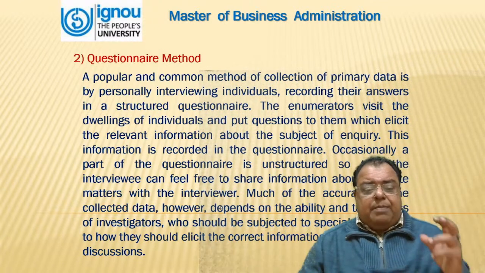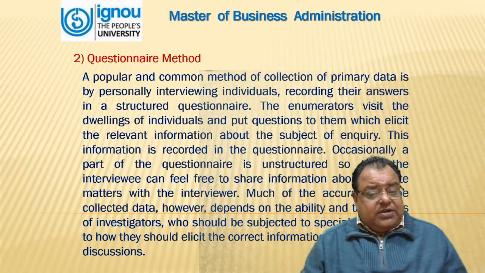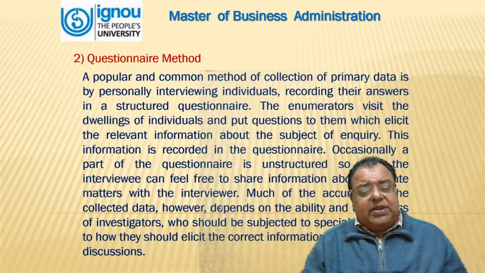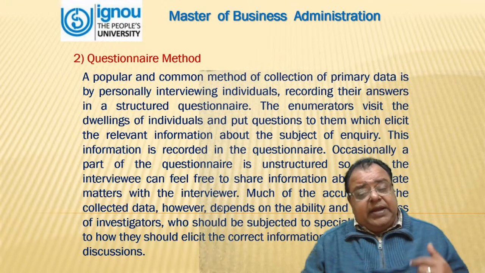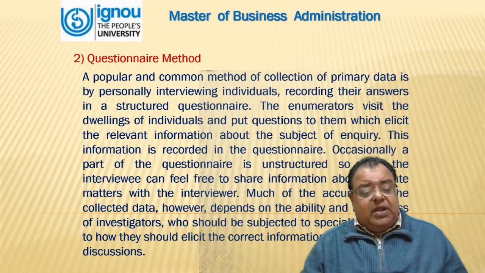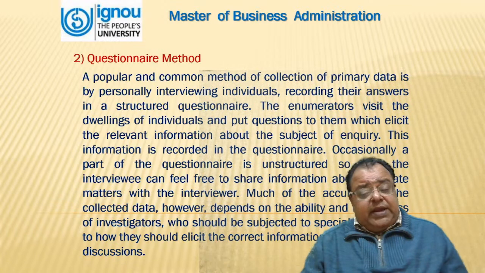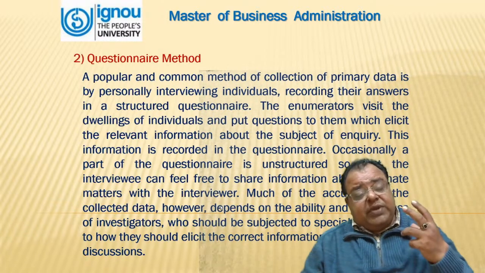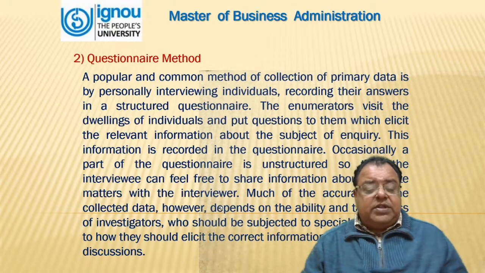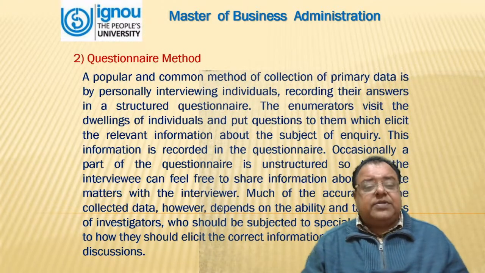Occasionally, a part of the questionnaire is unstructured so that the interviewee can feel free to share information about intimate matters in the interview. Much of the accuracy of the collected data, however, depends on the ability and tactfulness of the investigators, who should be given special training as to how they should elicit the correct information through friendly discussions.